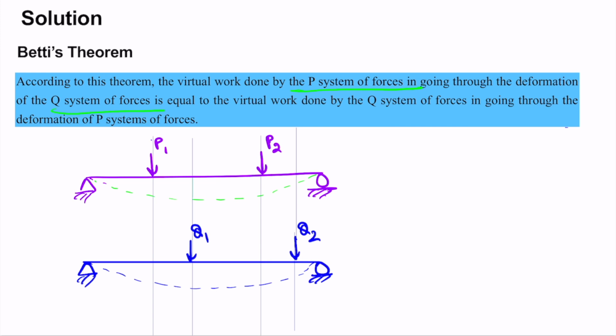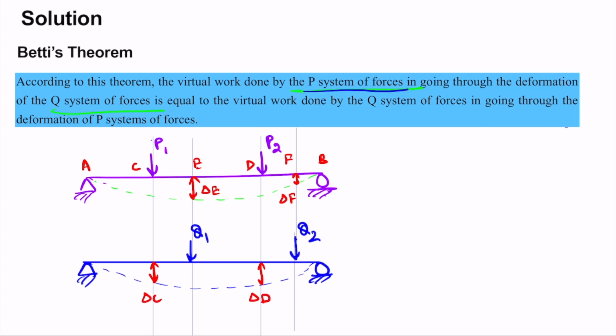Let us name different locations also: A, B, C, D, E and F. The deformation due to P system of forces at location E, where Q1 acts, let's call delta E, and this one delta F. Similarly, for Q system of force, the deformation at this location let's call delta C, and this deformation delta D.